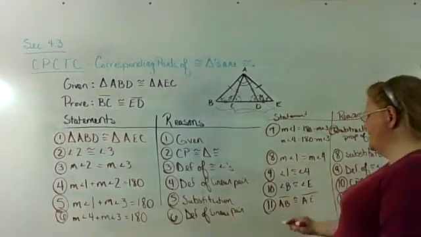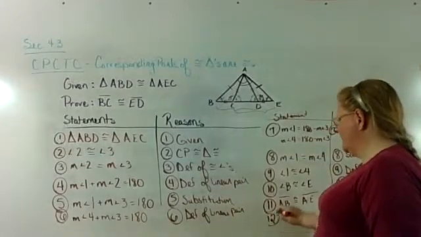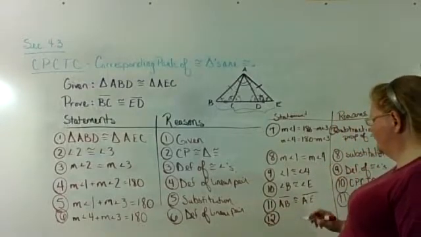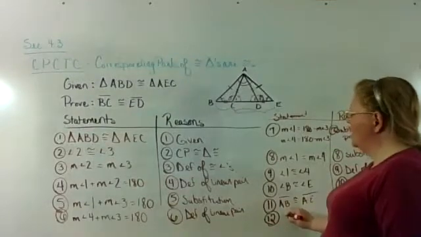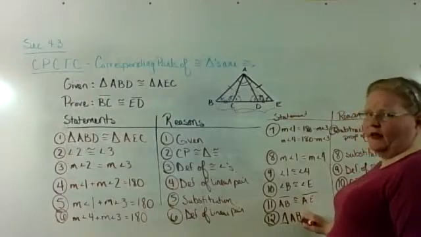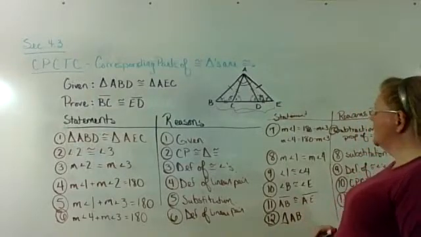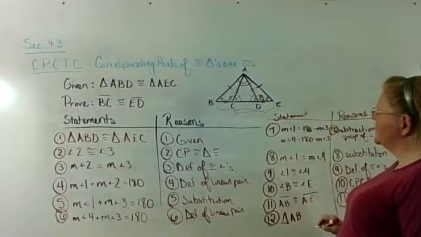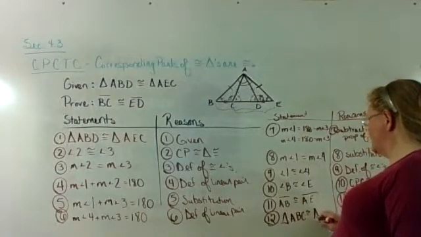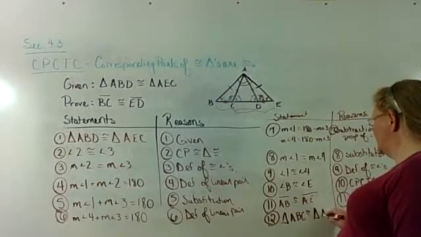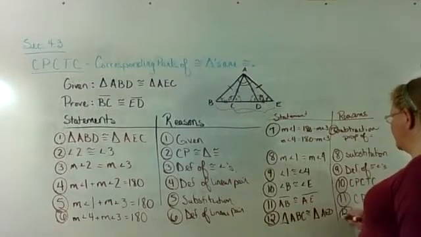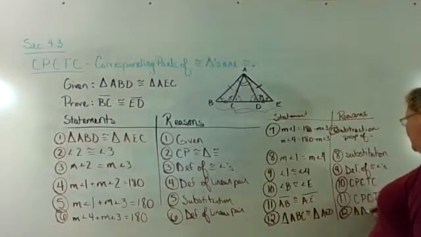Now I can say it because I've got my angle side. Triangle AB, woo, I'm out of room again. Triangle ABC is congruent to triangle AED. And we said that was because of angle side.